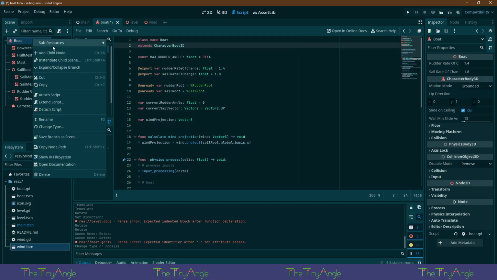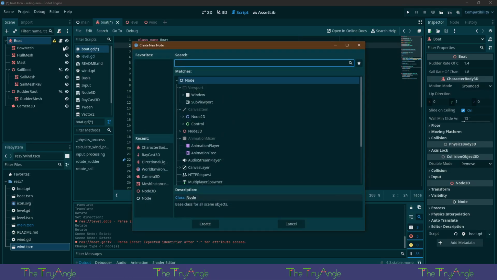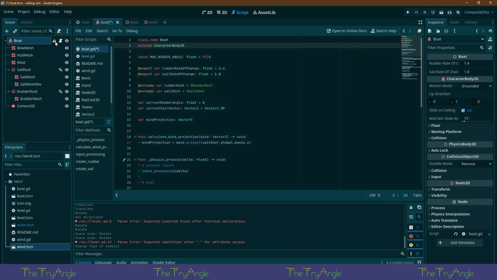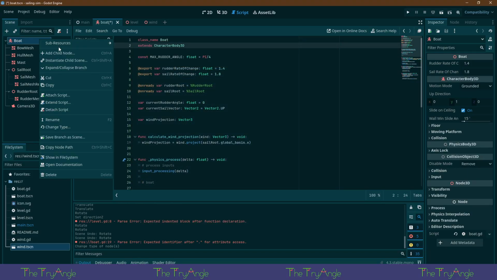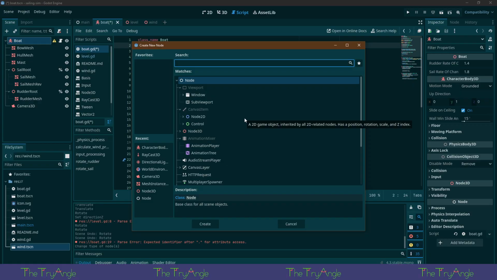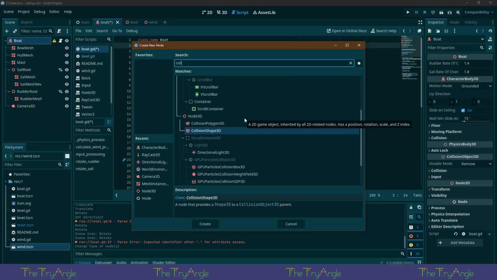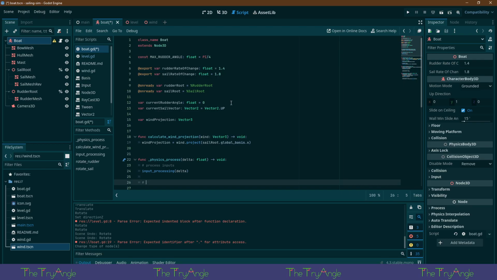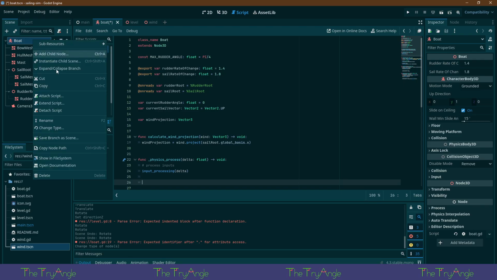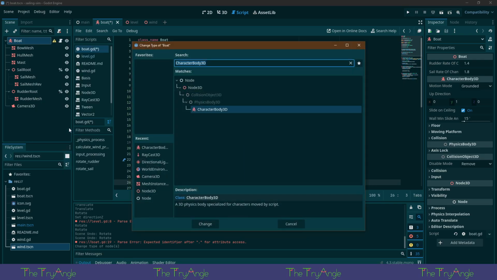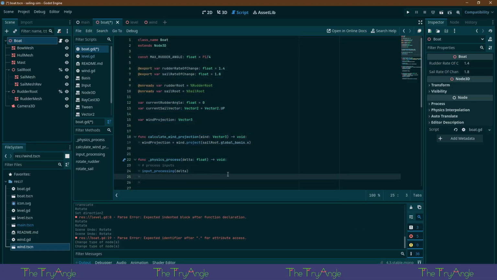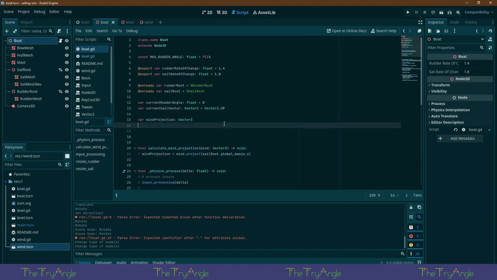Character body, you need a mesh, don't you? Do we? Hold on a minute. No, wait a minute. I don't need to do this. I can do my own math. We're fine. All right.